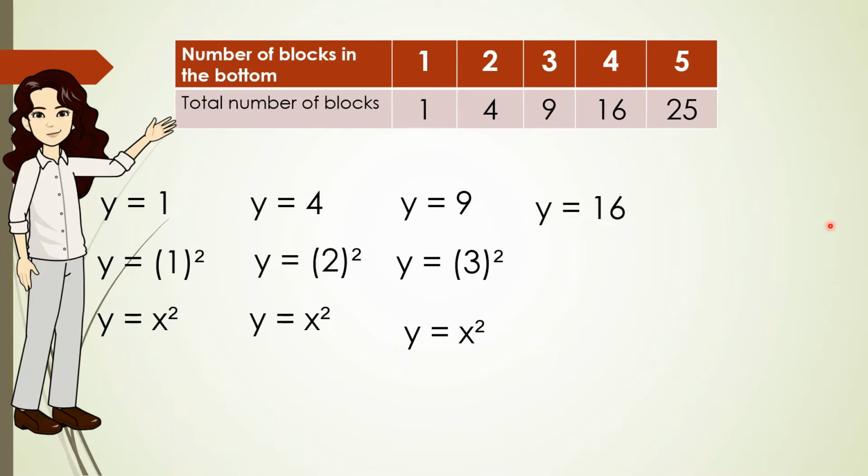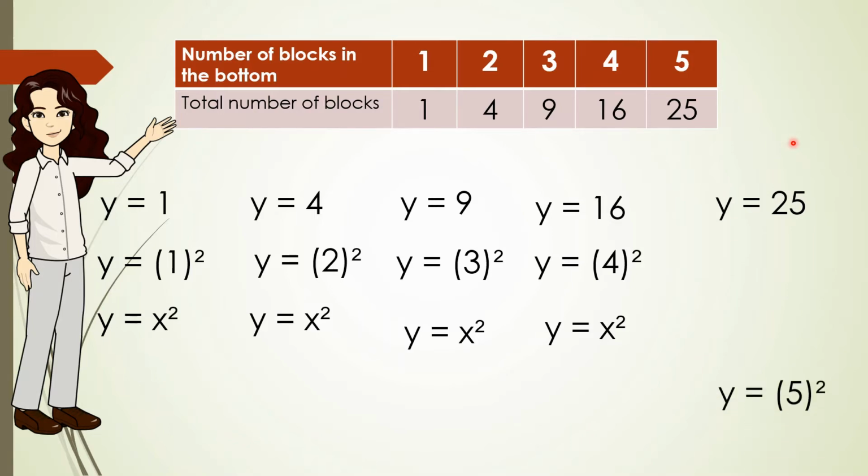How about 16? Ano naman yung pwede nating maging x para maging 16? So, ang pwede lang naman doon ay 4. 4 times 4 is 16. So, ang pattern natin is y is equal to x squared also. Paano naman yung last example? So, ang y natin is 25. So, what will be the x?